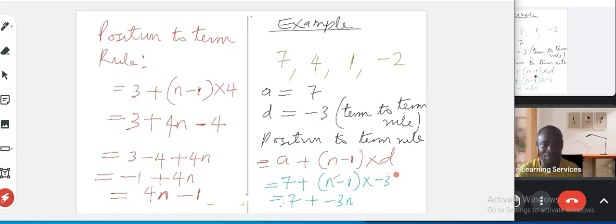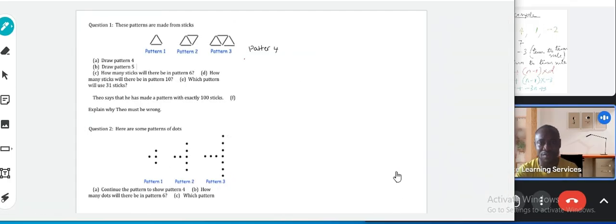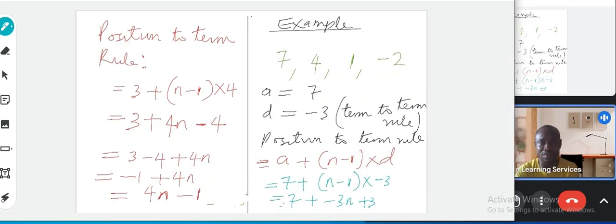Plus 3, remember? So we have 7 plus minus 3n and plus 3. So let me go to the next page and write it. I need to create another box.